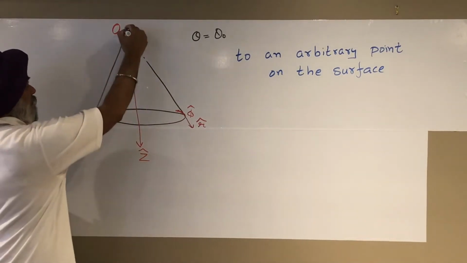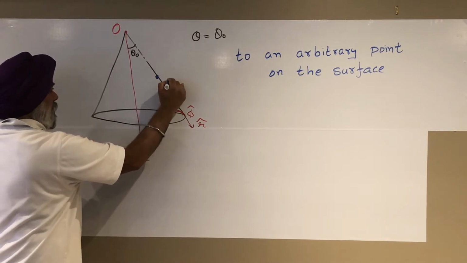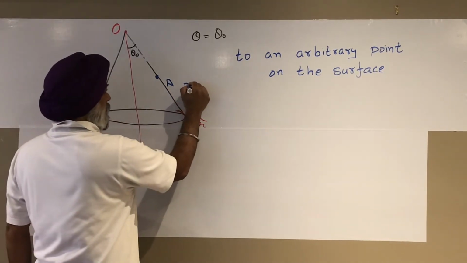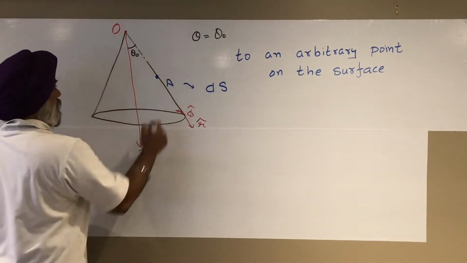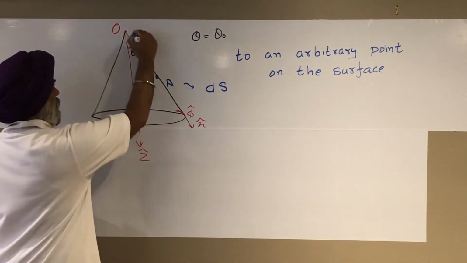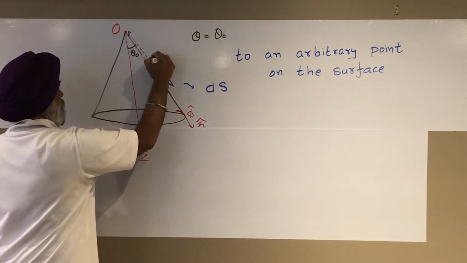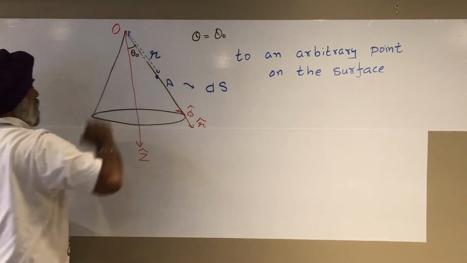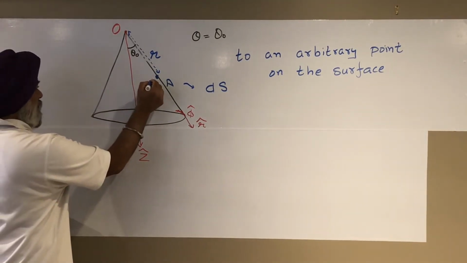So from my origin, I'm going to some arbitrary point A, and at that arbitrary point, I need to think of the surface element ds. What is this arbitrary point going to be defined by? It's going to be defined by this length. How far am I away from the origin? That would be r. And it's also going to be defined by phi hat.